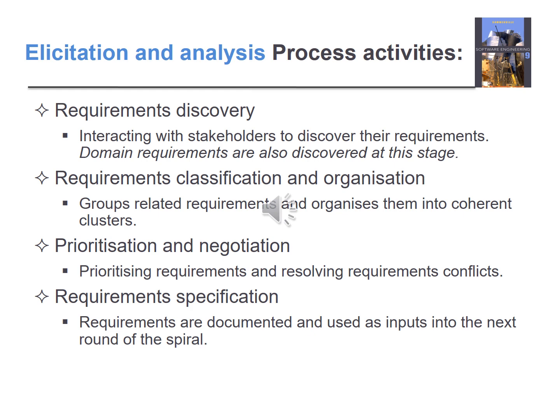Prioritization and negotiation means prioritizing requirements and resolving requirement conflicts: negotiating between us and the customer, or between the customers themselves with our presence there, to fix the problem if there is any requirement conflict between this customer and that customer. And finally, requirement specification, where requirements are documented and used as input into the next round of the spiral.